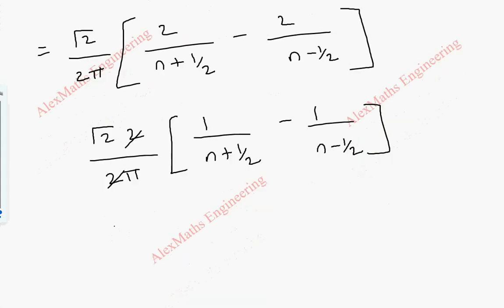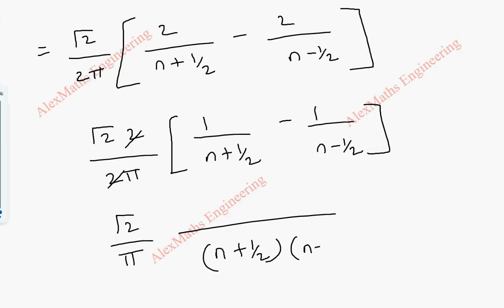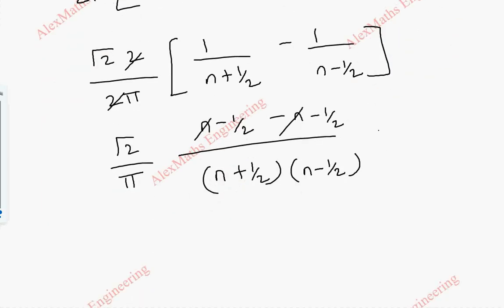We are going to take LCM here. So root 2 by pi, LCM is n plus half into n minus half. So here n minus half minus of n plus half. So minus n minus half. I have taken the minus sign inside. So these two get cancelled. And now minus of half is minus 1.